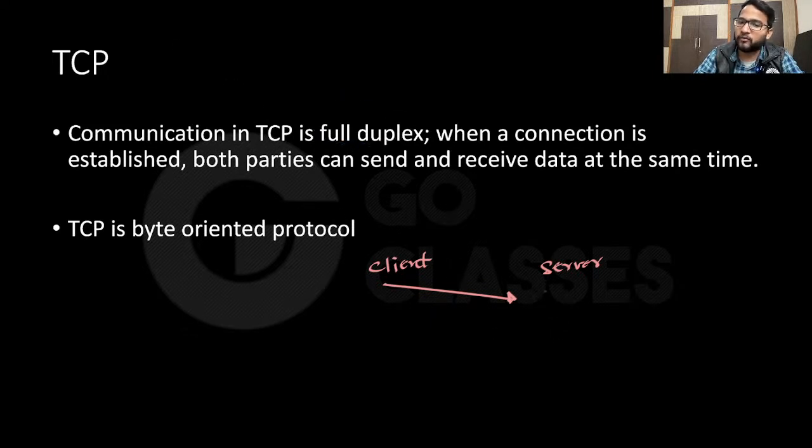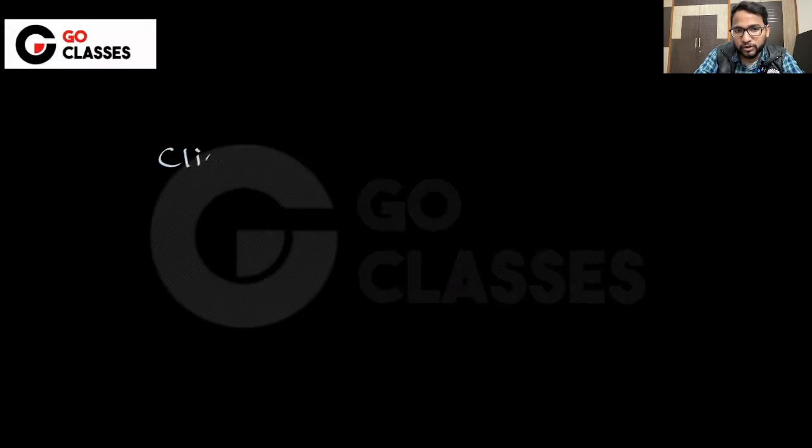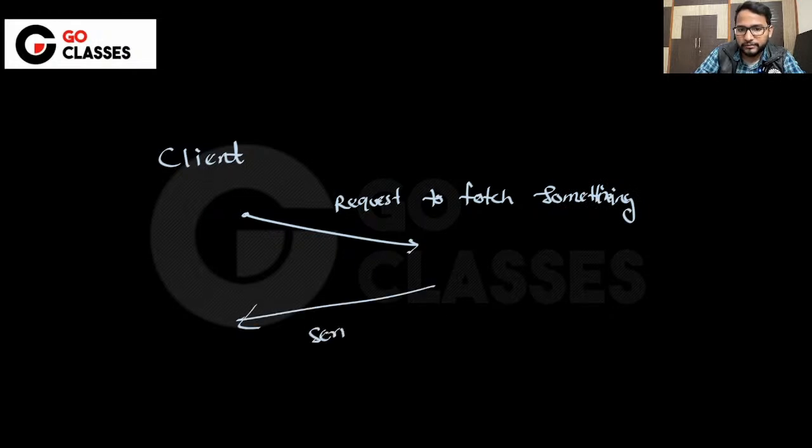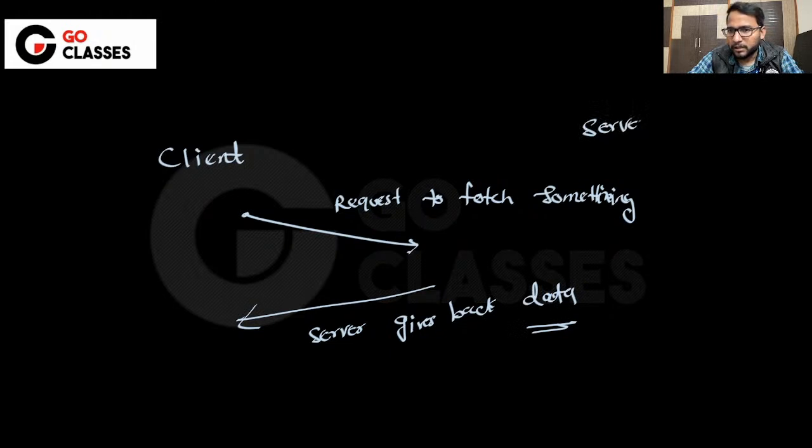Which means generally in most of the cases, the client is sending some request to fetch something, and the server is replying to your request, gives back data. Okay, this is a general scenario. Let's consider a case where I have a client.